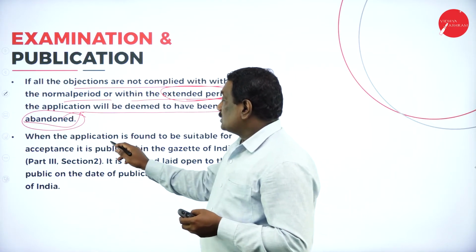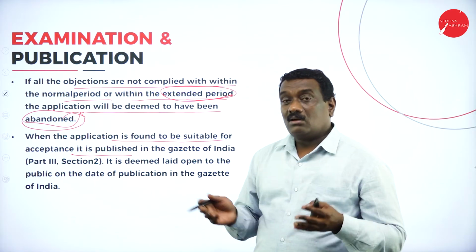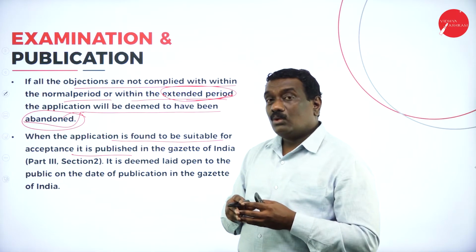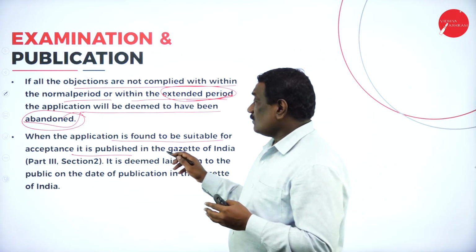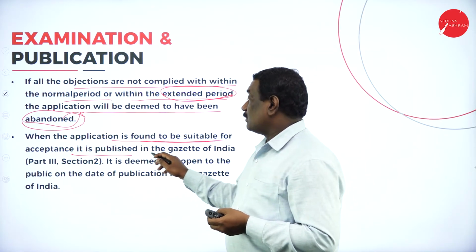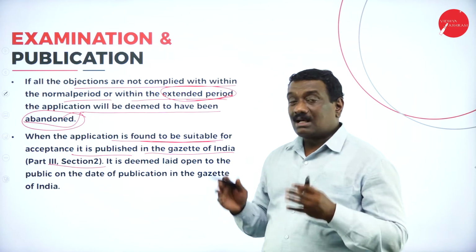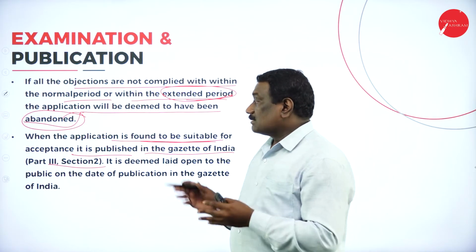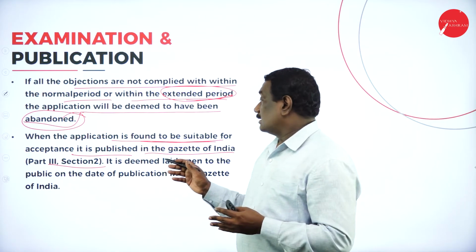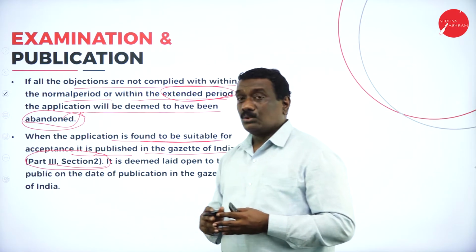Then when the application is found to be suitable for acceptance, after clearance of the objections from the third party or the opposite party who has opposed it, it is published in the Gazette of India in Part 3, Section 2. So once the application is accepted as suitable for acceptance, it will be published in the official Gazette of India, according to Part 3 of Section 2.